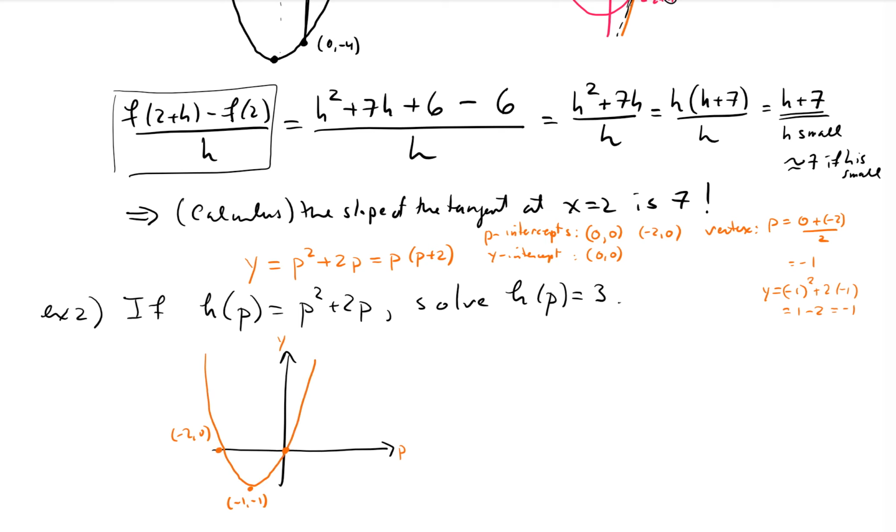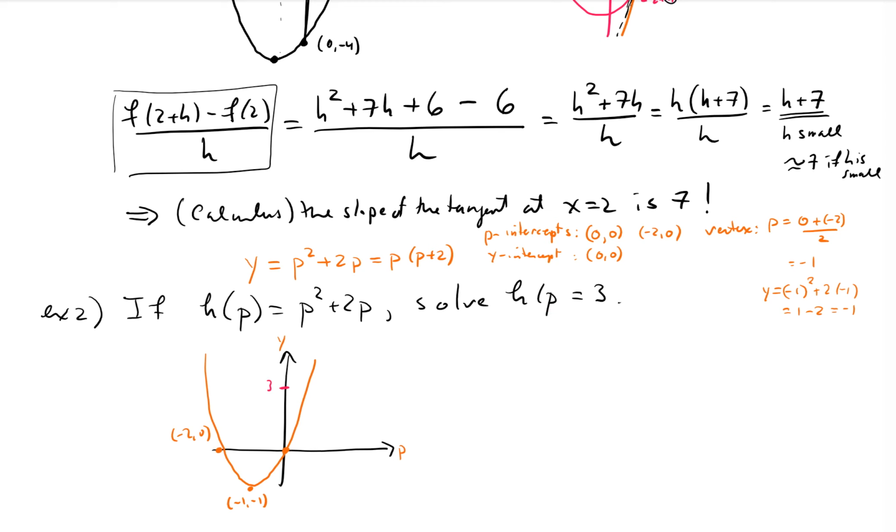Now when we're solving h of p equals 3, we're trying to find the values of p where the output is actually 3. So 3 is up there, right? When you're looking at something like h of p, you're looking at an output. The outputs are on the y-axis.